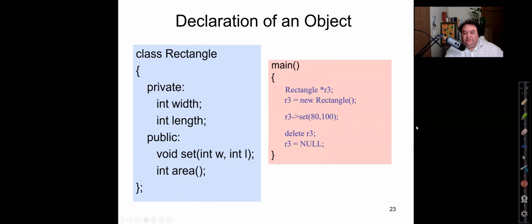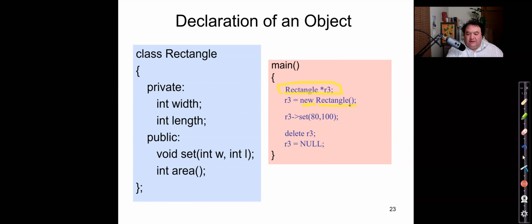And so there is an even more fully dynamic way of creating a variable of the particular type of a class. Let's say we define a pointer to the class. We can use the new operator that creates an instance of a class, in this case of type Rectangle.